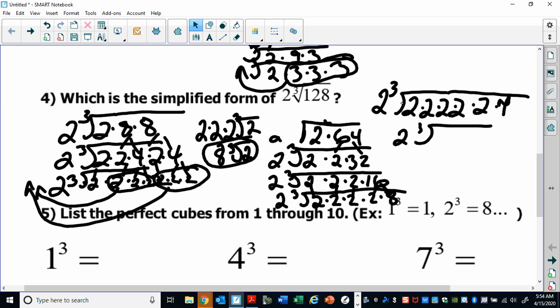And I have 1, 2, 3, 4, 5, 6, 7. Now I'm looking for groups of 3. That's 1. That's 1. See, it's the same problem. It doesn't matter how you break it down. Just make sure you break it down the correct way.